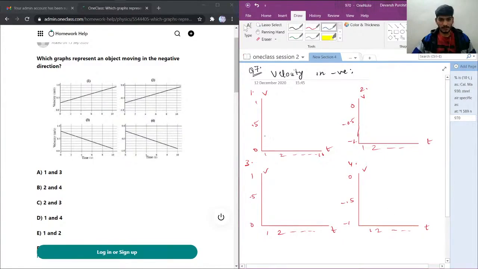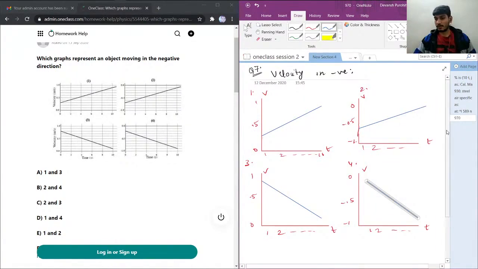Now my first graph is going something like this. My second graph is going something like this. Third one is having a negative slope, and fourth one is also having a negative slope.